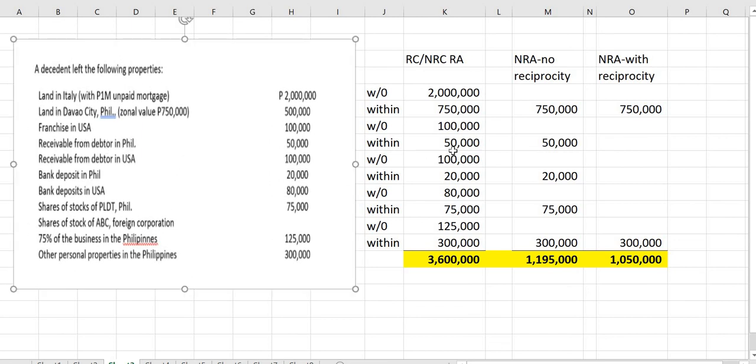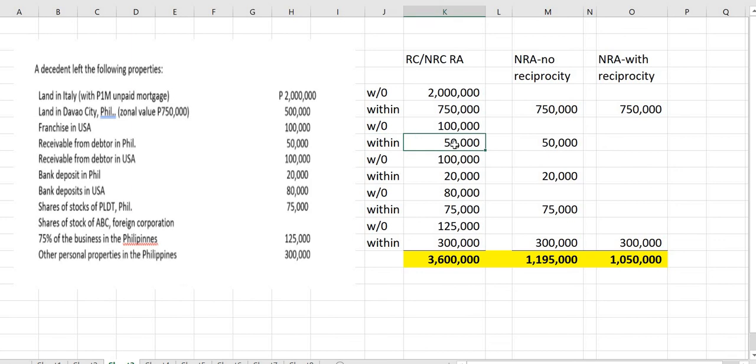So, since it is the Philippines, then it is within. Debtor in the Philippines. So, RC, NRC, RA, it is taxable. Actually, for RC, NRC, RA, all of them, because within and without. But for NRA, NRA with reciprocity is exempted because the situs is within. However, NRA with no reciprocity is included.